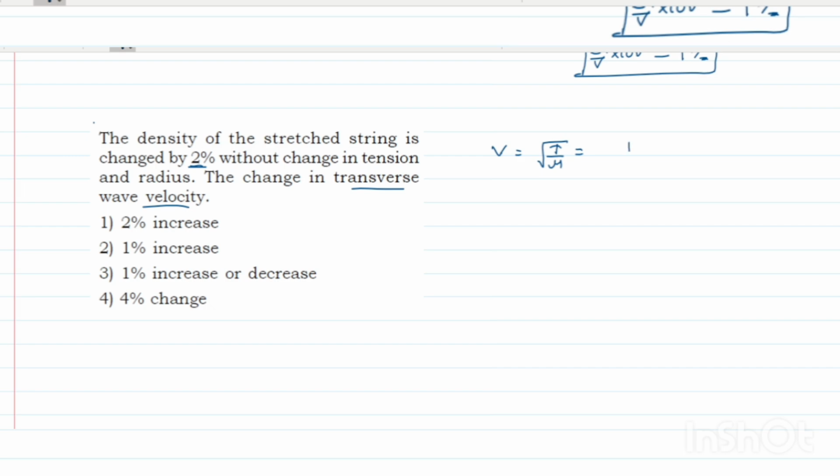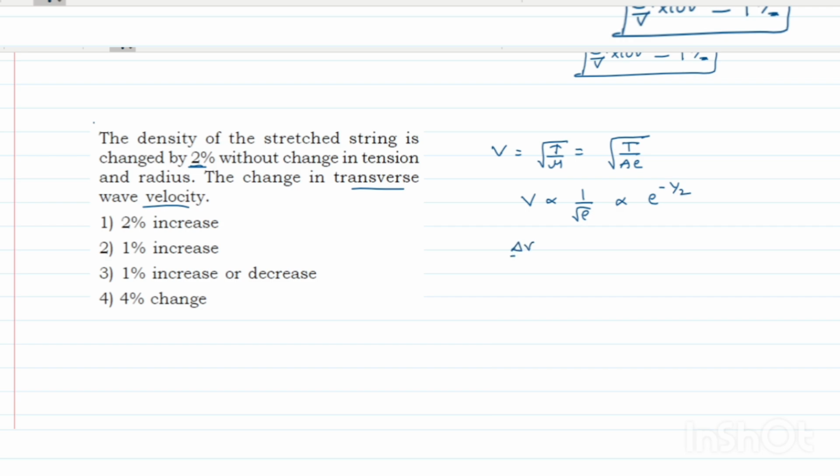In terms of density, mu is A into rho. That means v is inversely proportional to root rho, so we can write it as rho power minus 1 by 2.